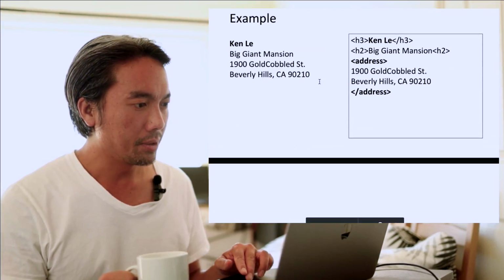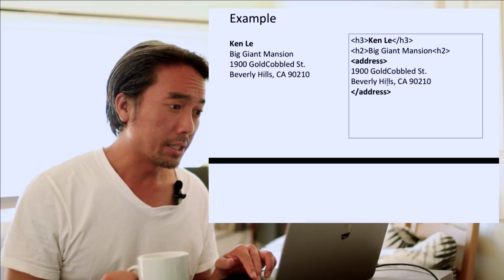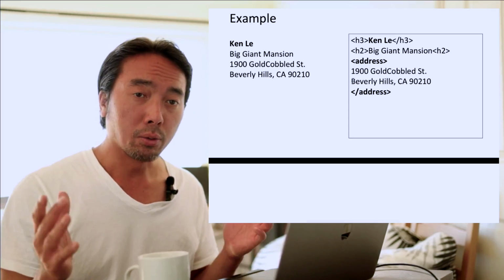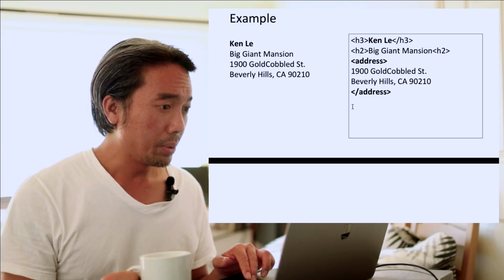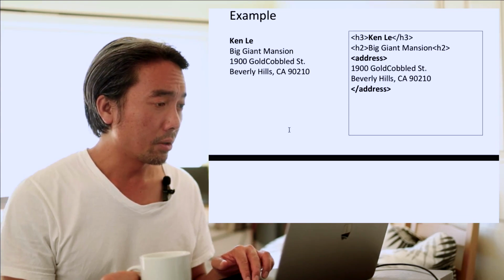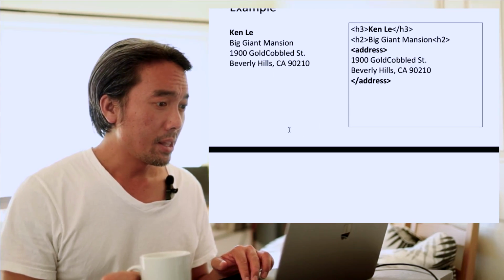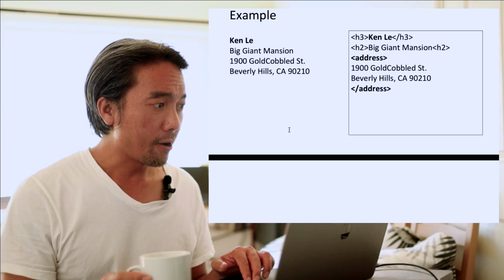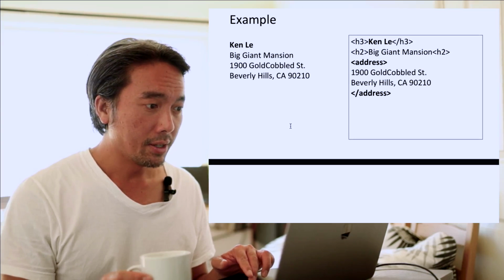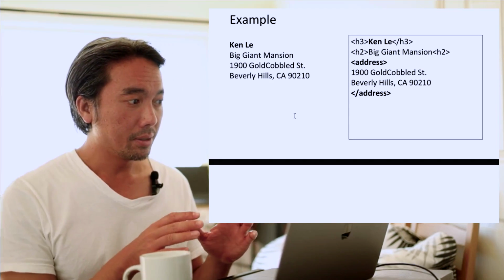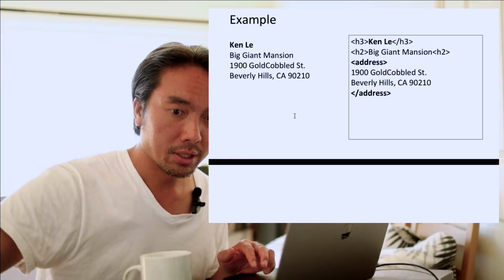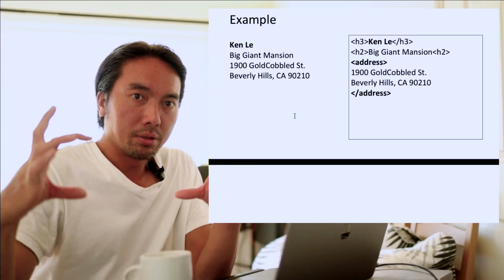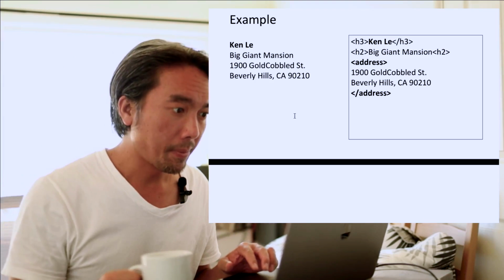If you have an address, contact information on your web page, then it's good to put it in an address tag. And actually, if you put it in an address tag, then services like Google can better parse your website and automatically, let's say, put your contact information in the search results, in those little templates they do sometimes for search results.